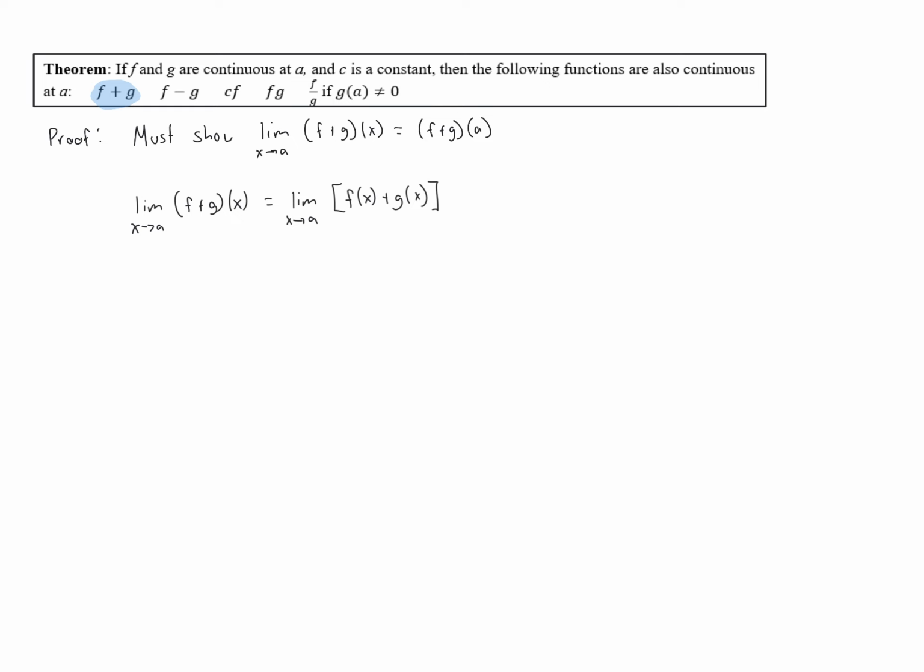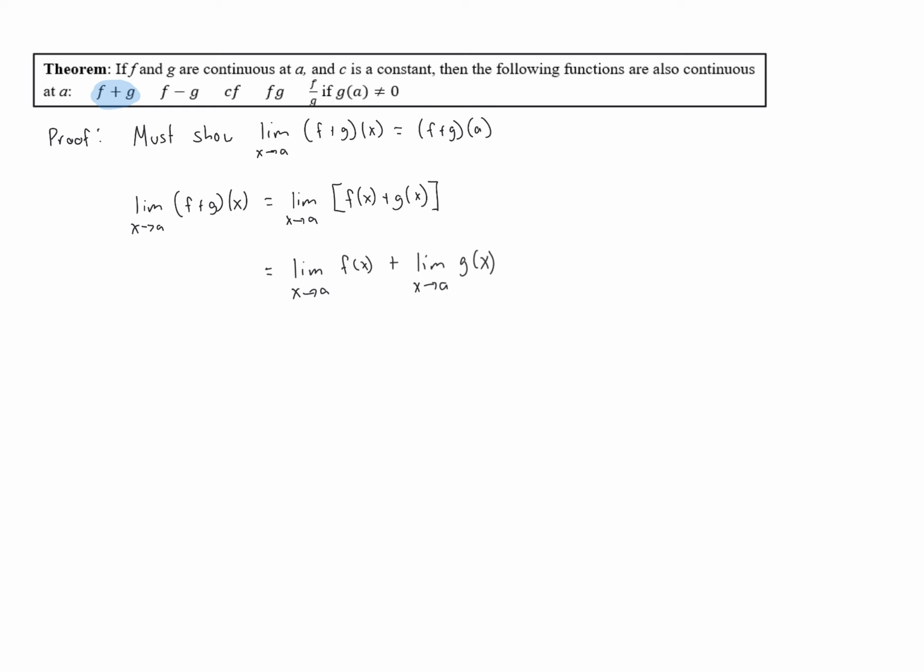Now, we know that when we take the limit of a sum, that is equal to the sum of the limits, so long as those limits exist. So this is equal to the limit as x approaches a of f of x plus the limit as x approaches a of g of x. That is from a limit law that we have seen before.